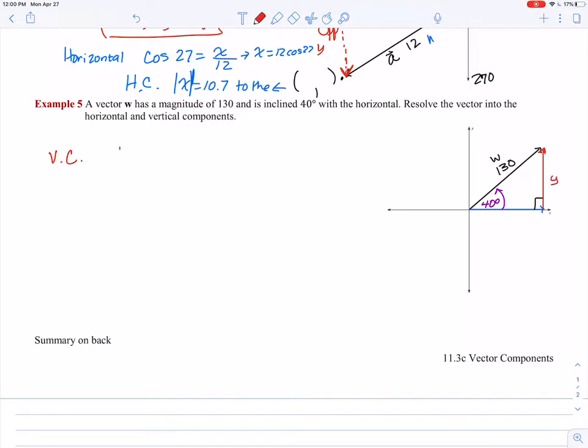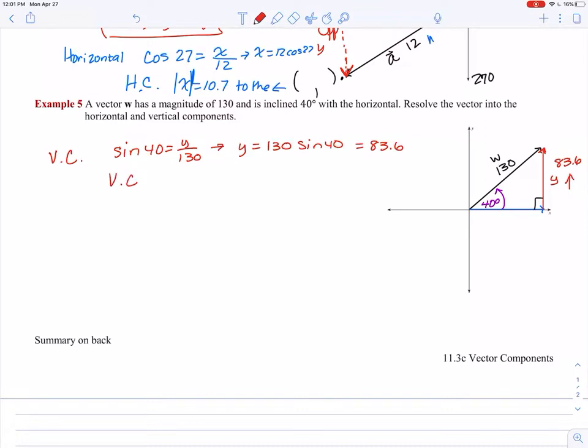So we could use the sine of 40 degrees equals y over 130, or y is equal to 130 sine 40. Plug that into the calculator. We get 83.6. So 83.6 is the magnitude and it's going up.